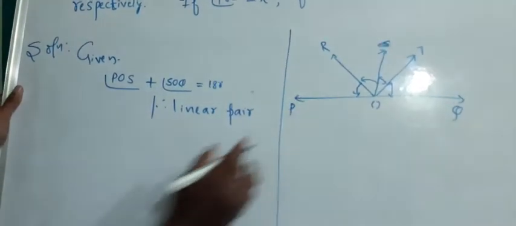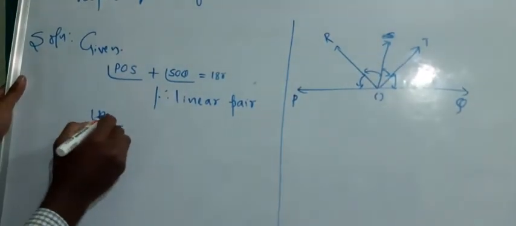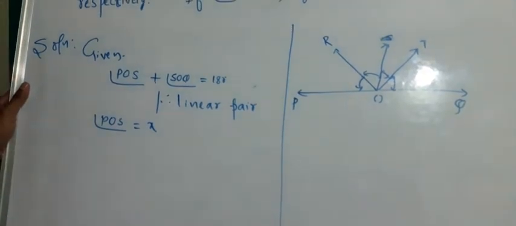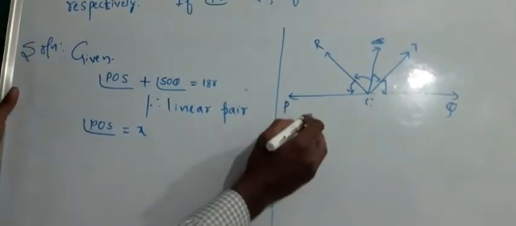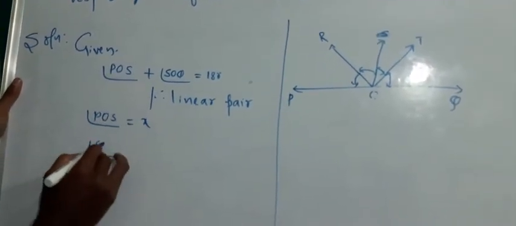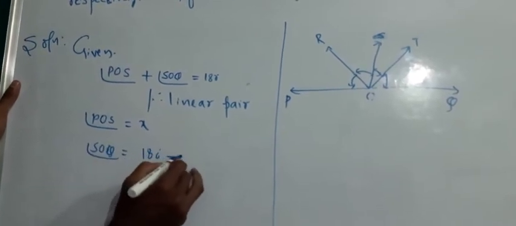And one more thing they have given, angle POS is equal to x. Then, since angle POS is x, angle SOQ will be 180 degrees minus x.